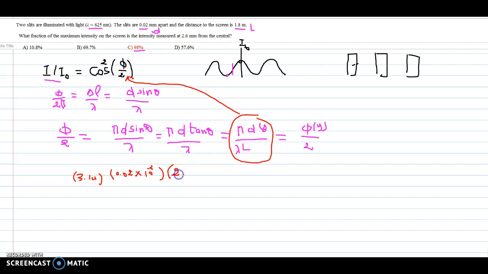Again, I have to go back to meters, divided by 1000. All divided by lambda L. Lambda is 625 nano, a nano is 10 to the negative 9. And then I have L, and L is 1.8.